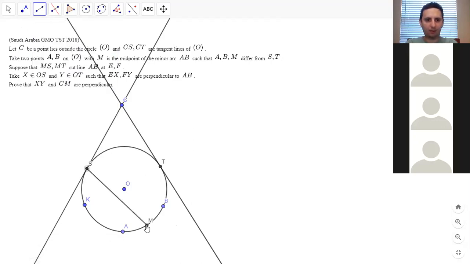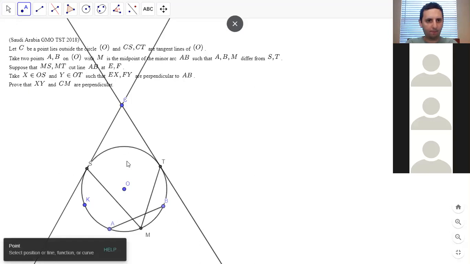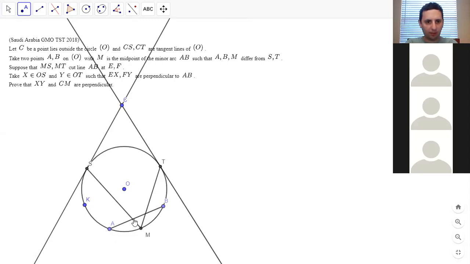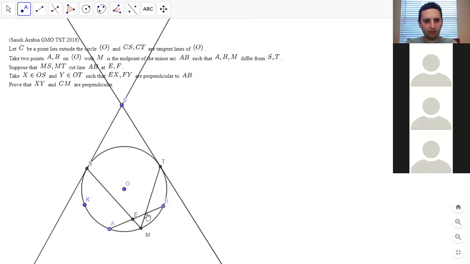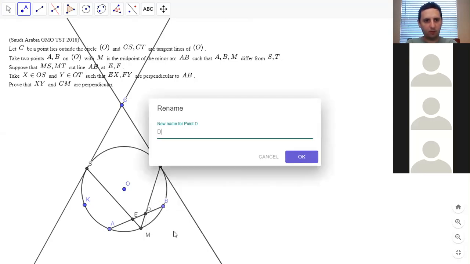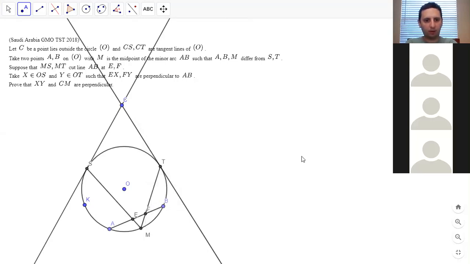Yeah, this definitely looks like it's going to use projective geometry. So maybe I'll move A and B apart a little bit. So MS intersects it at E, and MT intersects it at F. And then X is on OS, and Y is on OT.